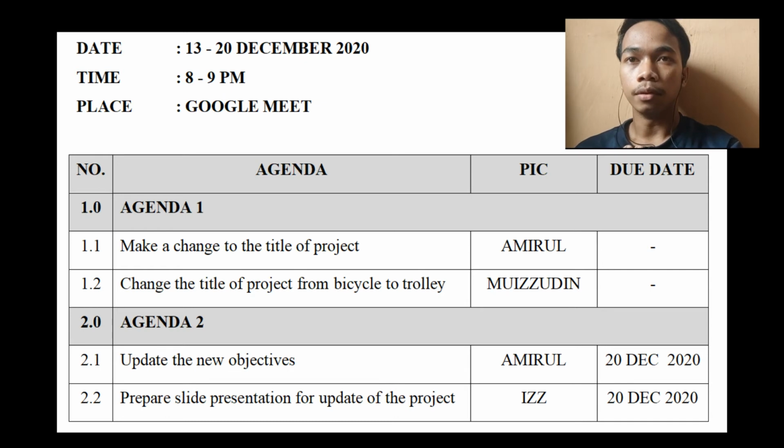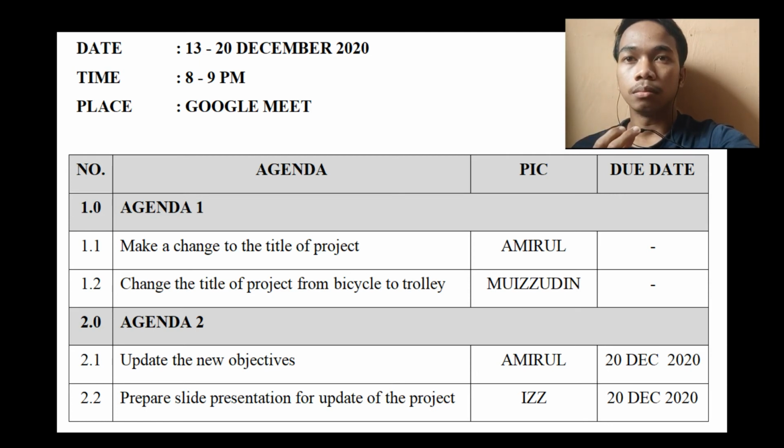Change the title of the project from bicycle to trolley. The idea comes from myself, Izzuddin. The second agenda from this meeting, we update the new objective, which is held by Amirul, and we prepare slides for the presentation for the update of the project.